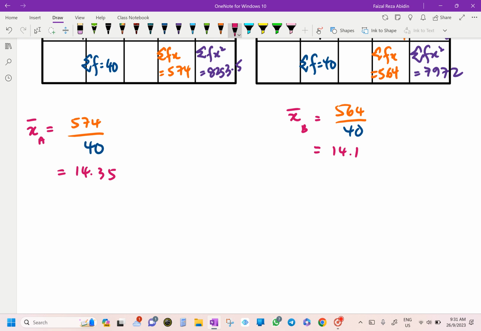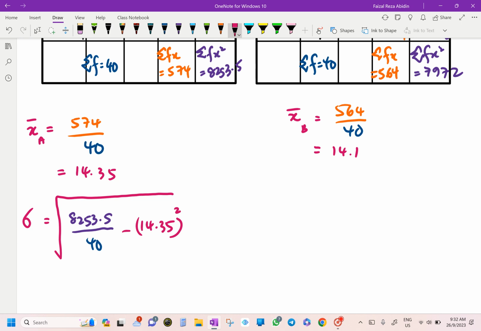Next, the standard deviation. We use the square root of the total Fx square 8253.5 divided by 40, minus the mean 14.35 squared.